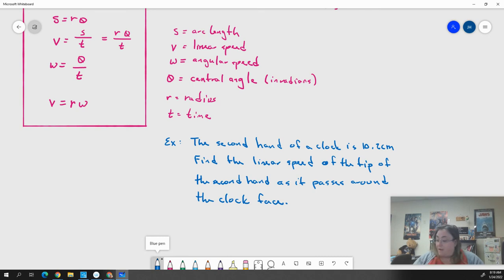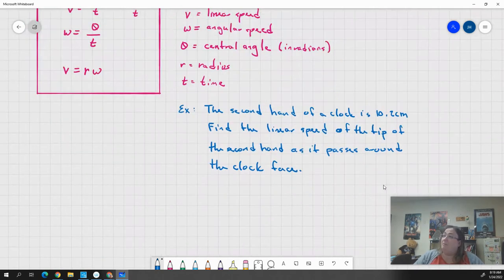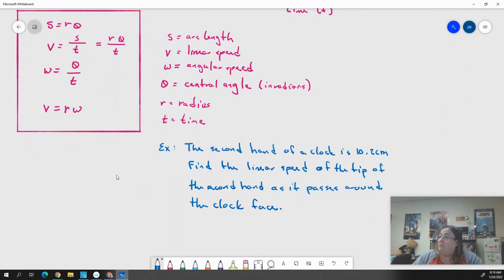Okay, so let's talk about this a little bit, right? We're looking at a clock. First of all, let's talk about what we need. We need the linear speed, right? And we already know that linear speed is v. So we need v equals r, the, why can't I remember that word all of a sudden?